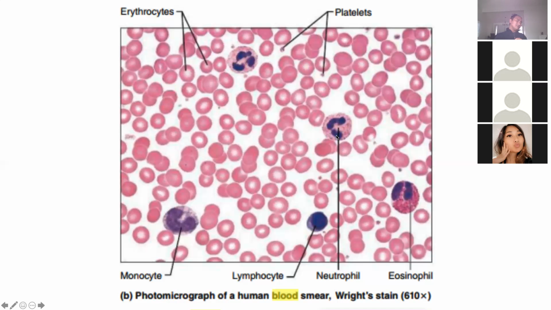White blood cell, how many types of white blood cells? Five. The least common is basophil, isn't it? Banana, so basophil. It is less than 1%, which means even if you see hundreds of other WBCs, you might or might not see one basophil.